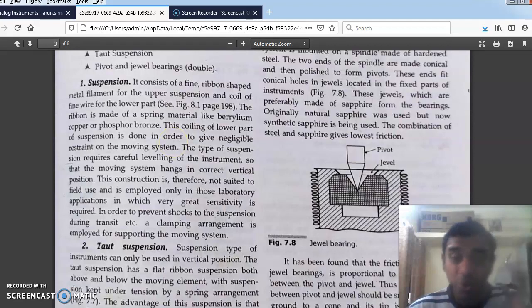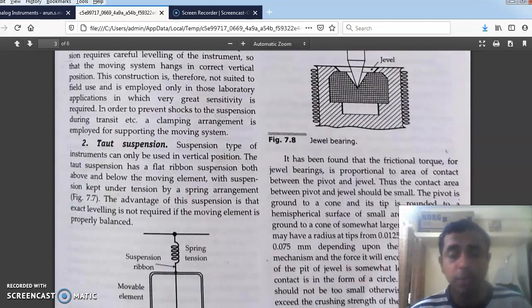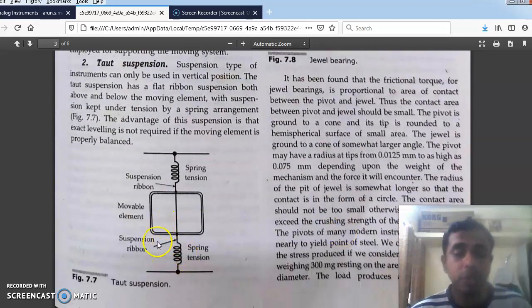What is the main problem with this? We have a suspension or spring only at the bottom, and the top is a simple wire made of the spring material itself, beryllium copper or phosphor bronze. So the alignment of the instrument is very important.